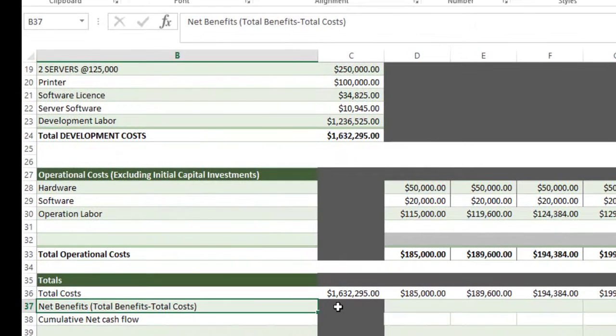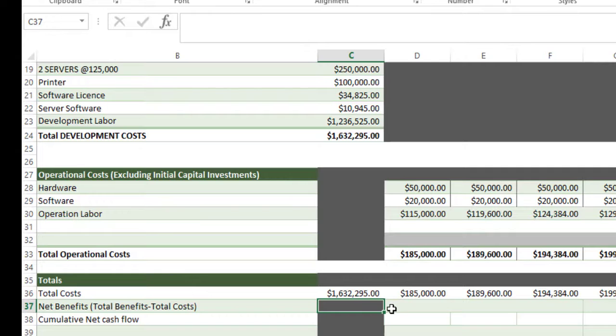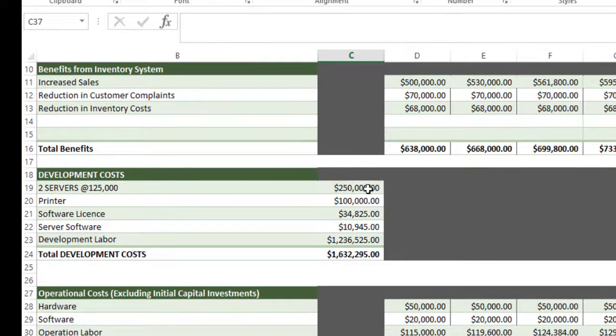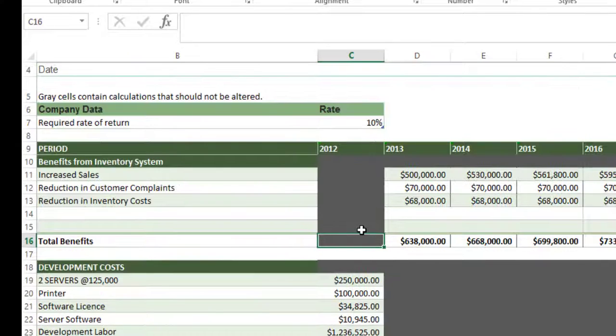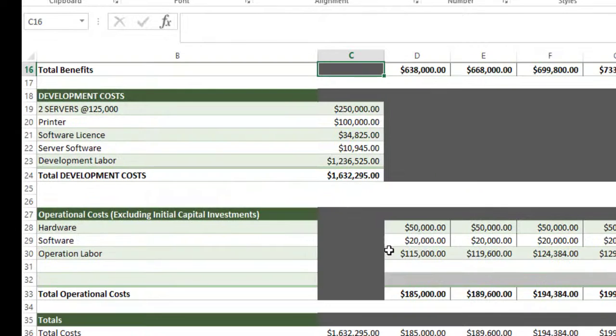After that, we need to determine what we refer to as the net benefit. Net benefit is a difference between the total benefits and the total costs. And how do we determine that? Is by clicking on the total benefits. In this case, we know that for year 2012, the total benefits is 0.